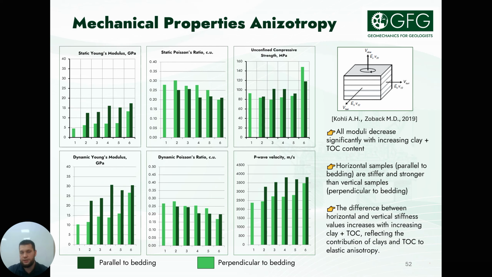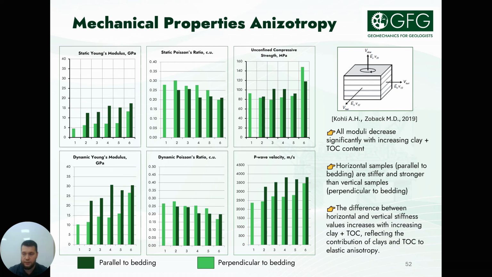A distinctive feature of clastic rock is their anisotropy. This is especially a characteristic of clays and oil source rock. The anisotropy of rock must be taken into account using a transversal vertical anisotropy medium. As for core specimens on this slide, all moduli decrease significantly with increasing clay and total organic carbon content.